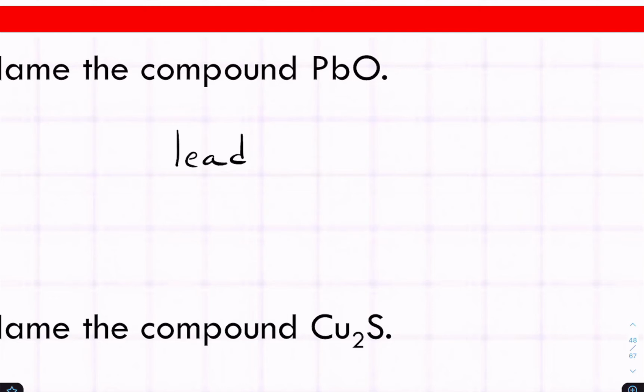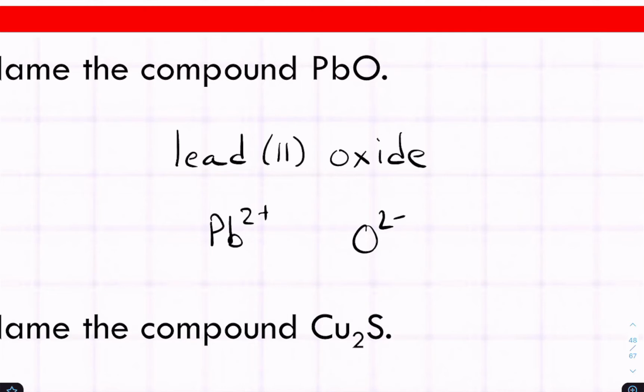And then what is our anion? Oxygen. And in the compound, it would be oxide. Okay, so if we have one oxygen, that's 2 minus. So the charge to balance out that 2 minus for lead would have to be 2 plus. So then it's Roman numeral 2.